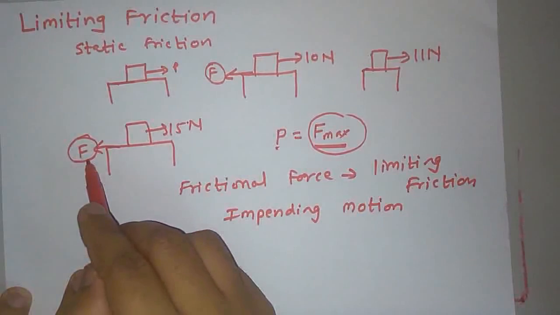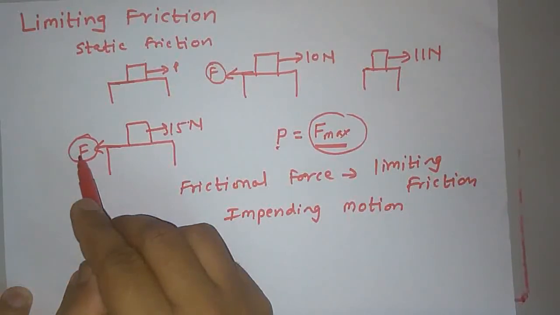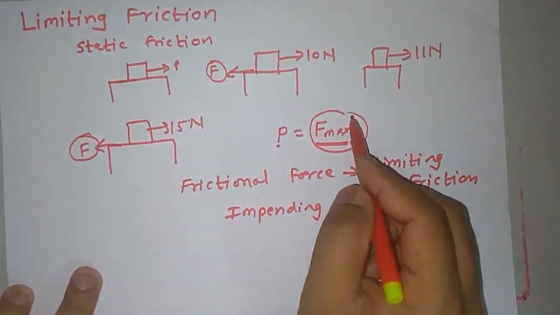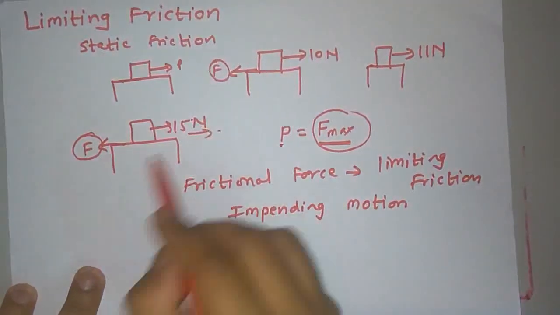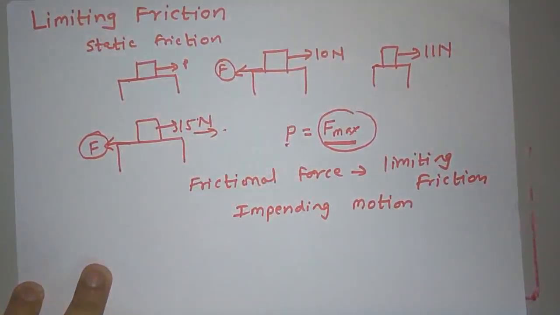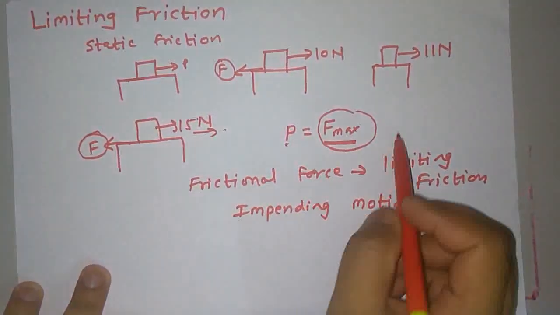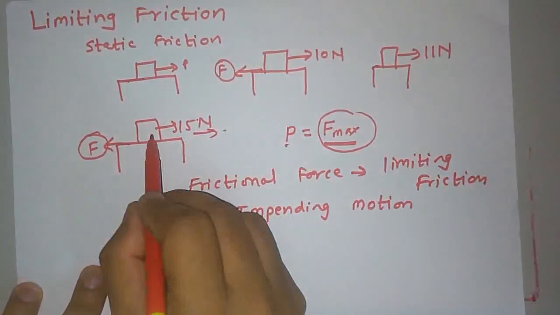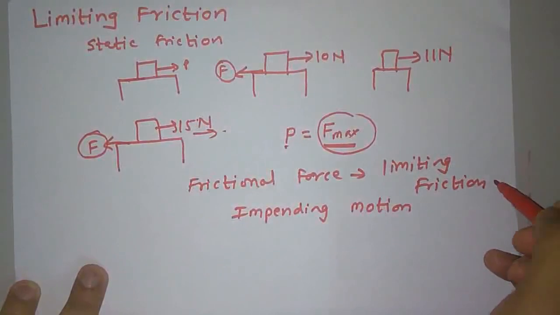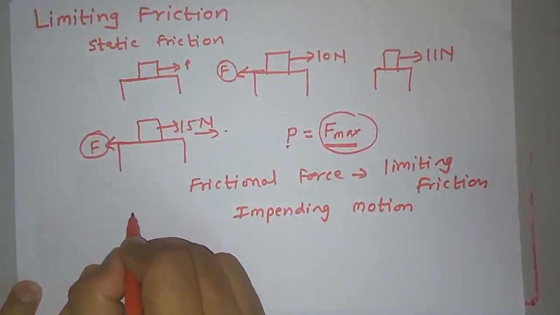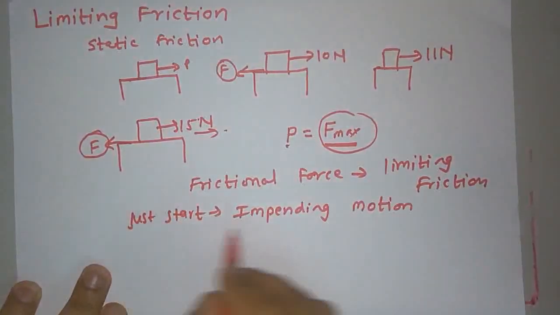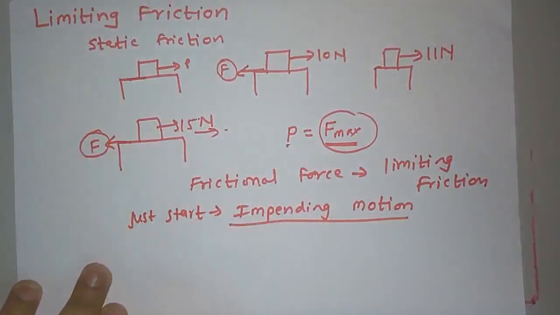But this frictional force has a limit, and that limit is F max. When we cross this limit, the block will start to move in the direction where the force is applied. This maximum value of force when the body starts to move is known as limiting friction, and when the body just starts to move, that motion is known as impending motion.